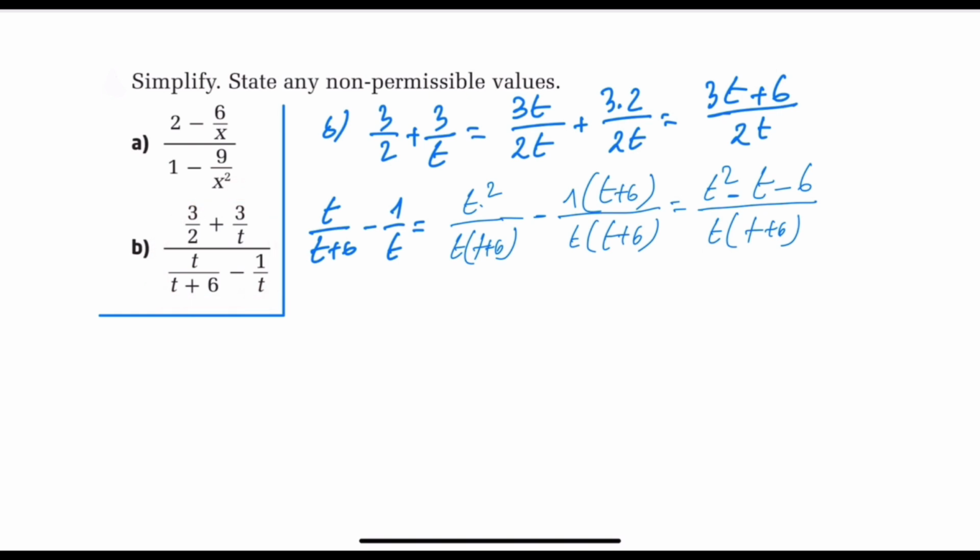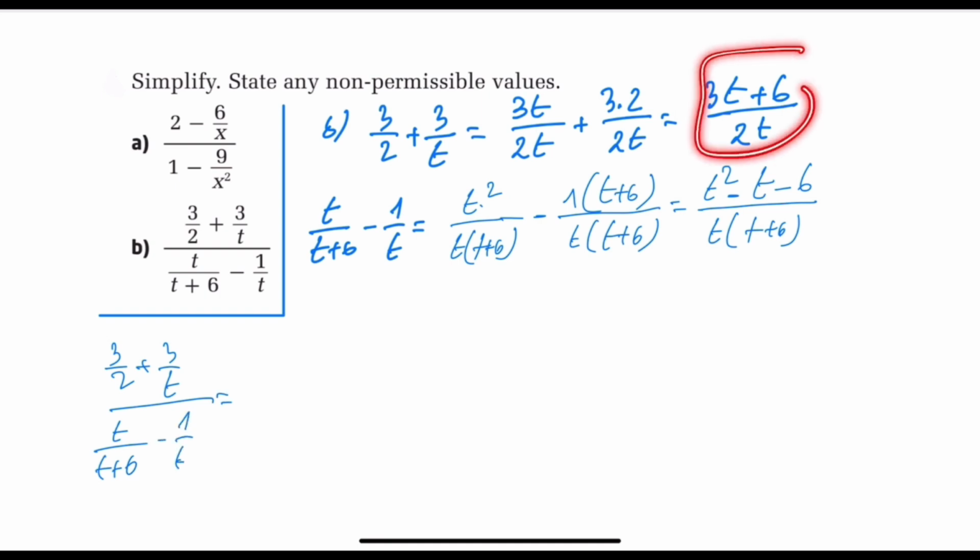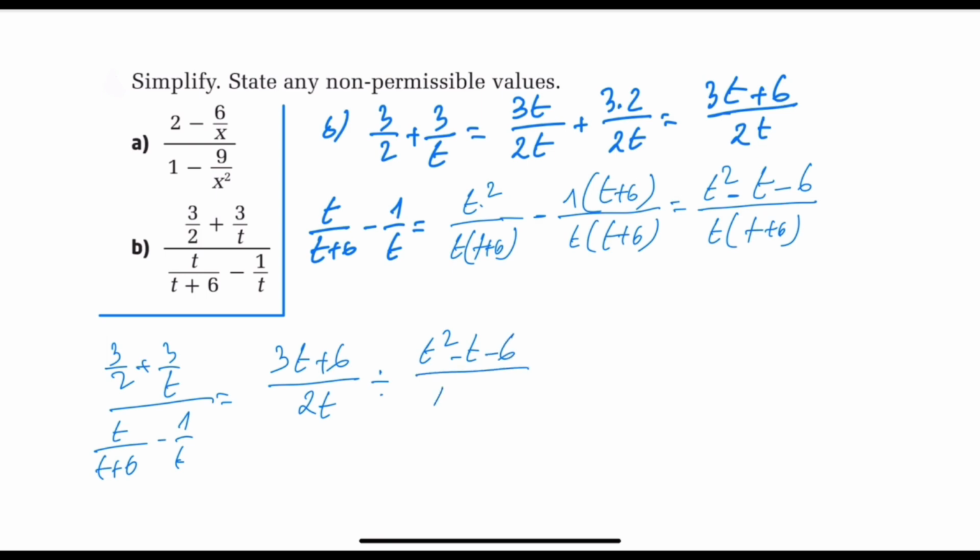So now I can write 3 over 2 plus 3 over t divided by t over t plus 6 minus 1 over t is equal to this one divided by this one, which is 3t plus 6 divided by 2t divided by t squared minus t minus 6 over t times t plus 6.